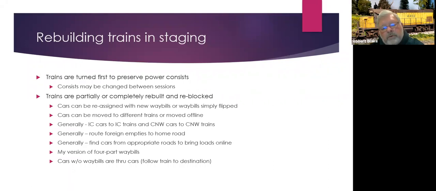I've used my version of what are called 4-part waybills. Most of you are familiar with 4-part waybills. I don't use those, but one of the things that bothered me in operation was having cars go from the end locations directly to staging. Rockford and Dubuque are one stop from the staging yards.